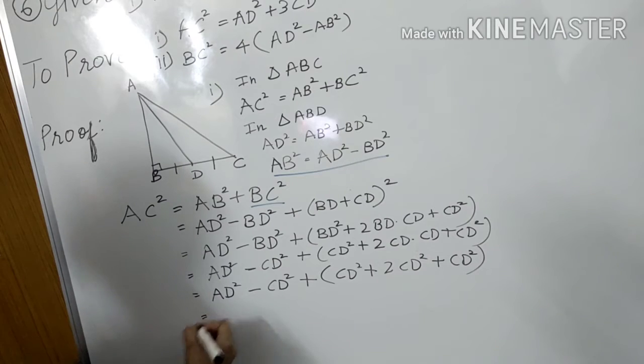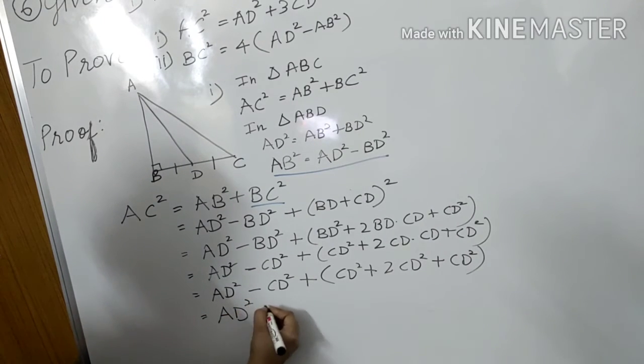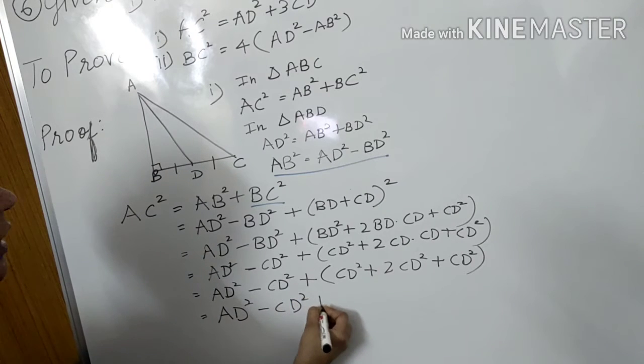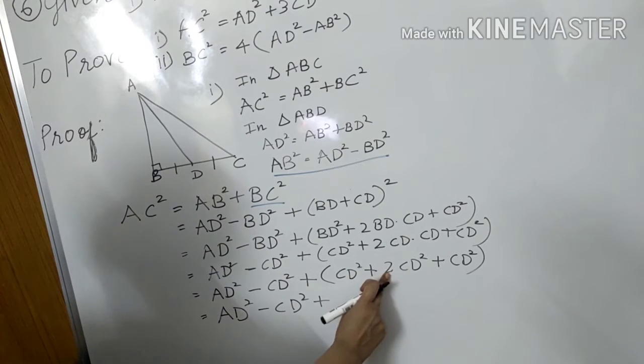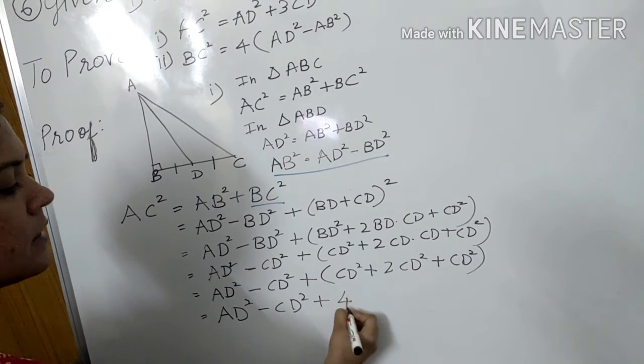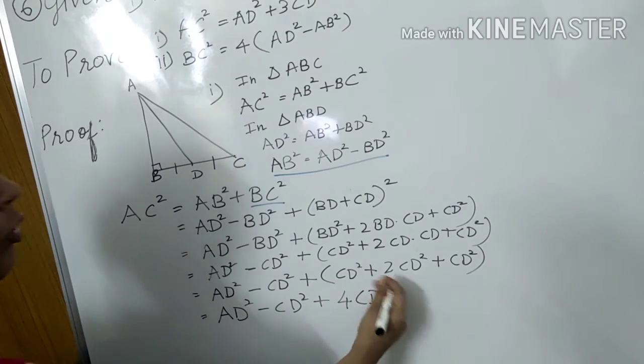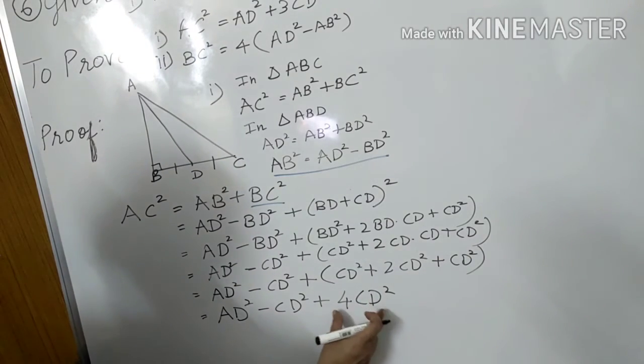All this is basic simplification. So here AD square minus CD square plus, this is 1 then 2. So 1 plus 2, 3. 3 plus 1, 4 CD square. So we have opened the bracket by solving it as 4 CD square.